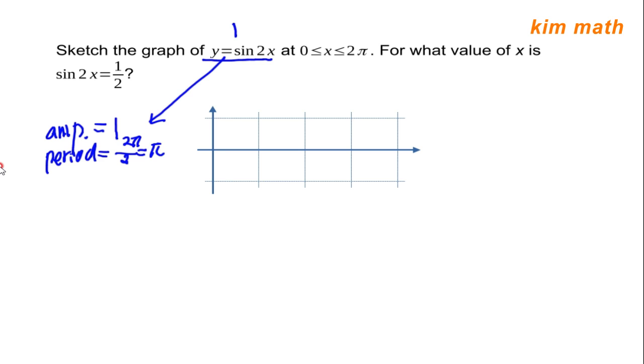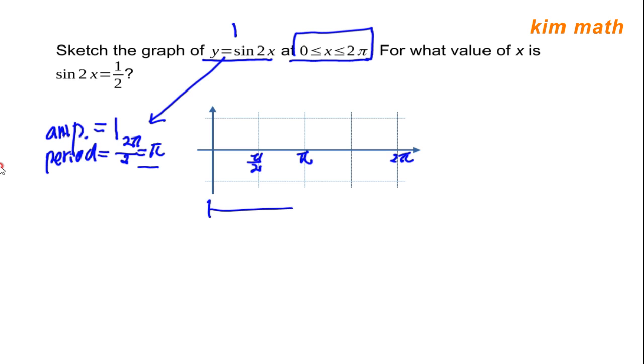But the question asks us to sketch from 0 to 2 pi. So if this is 2 pi, then this is pi, and this is half pi. Please note that our period is pi.